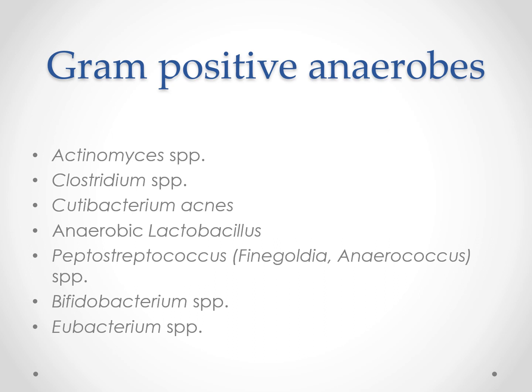Clostridium is a gram-positive rod that's either seen as boxcars or seen with spores. We have Cutibacterium acnes that kind of looks like a boomerang. We have anaerobic lactobacillus, Peptostreptococcus, and that's our anaerobic gram-positive cocci. Bifidobacterium, they kind of look like dog bones. They're gram-positive rods. And then Eubacterium. So these are all gram-positive anaerobes.